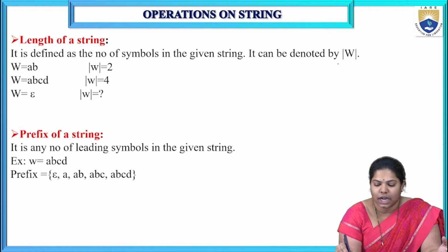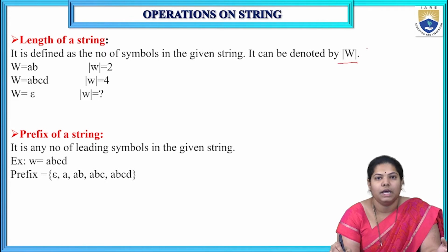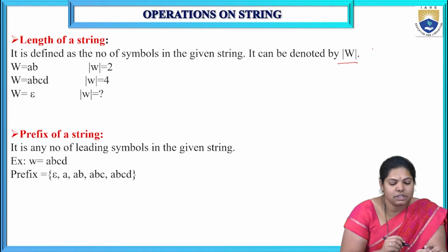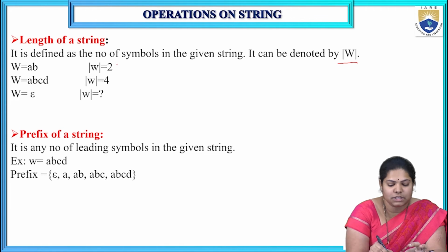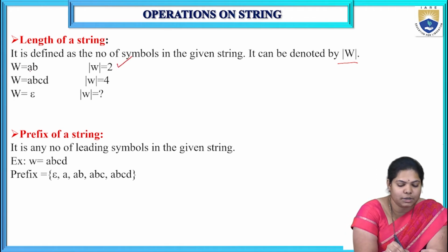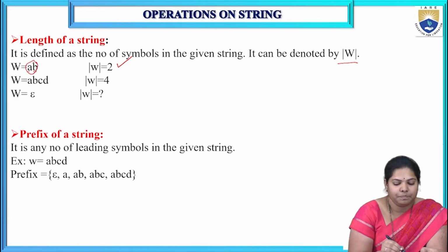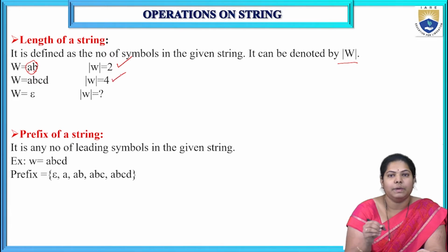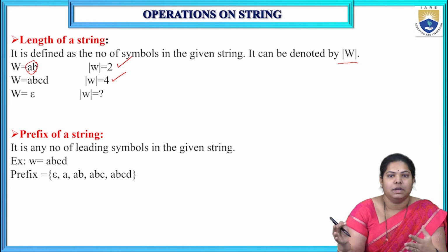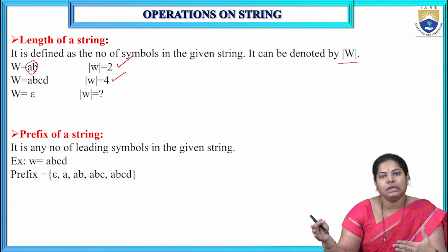Already I have told you that the length of the string is denoted by mod W. If the string is AB, the length of the string is 2 because it contains two input symbols A and B. In the same way, if the string is ABCD, we have 4 symbols, so the length of the string is 4.